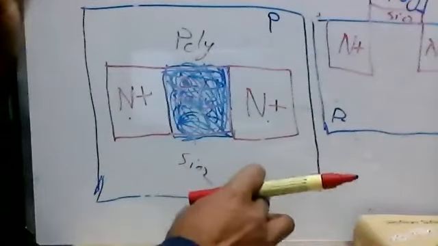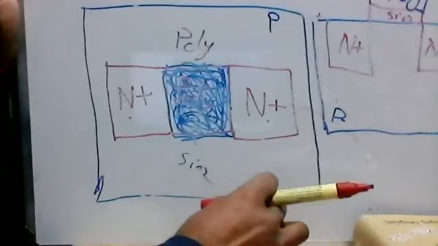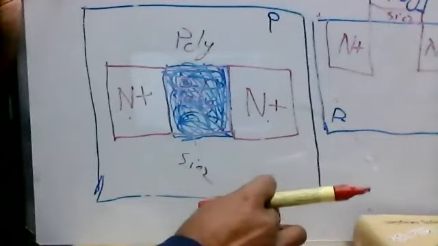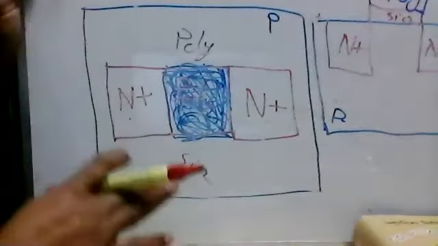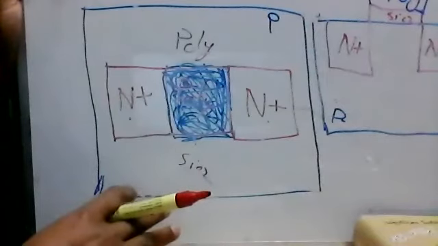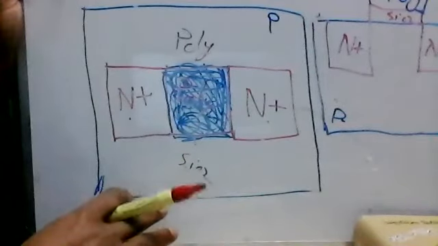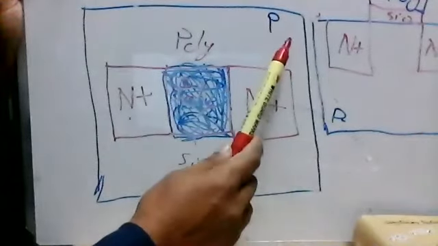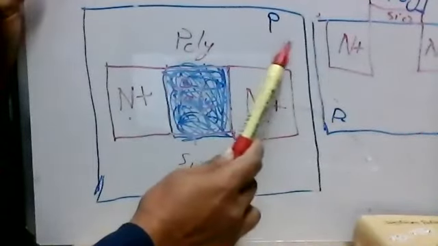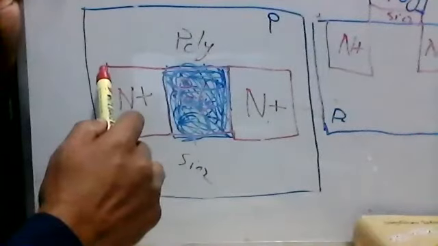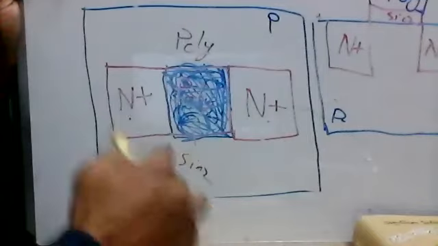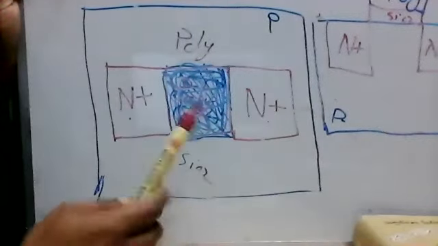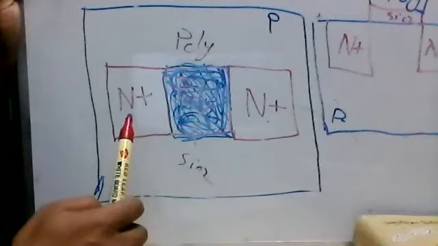The first thing we do for this layout diagram, we take the different layers of materials one by one. The first layer we use is a P-type silicon or P-type substrate, and on top of that, inside we make two rectangles. Sometimes it looks like a square too. It doesn't matter. It can be rectangular or square.